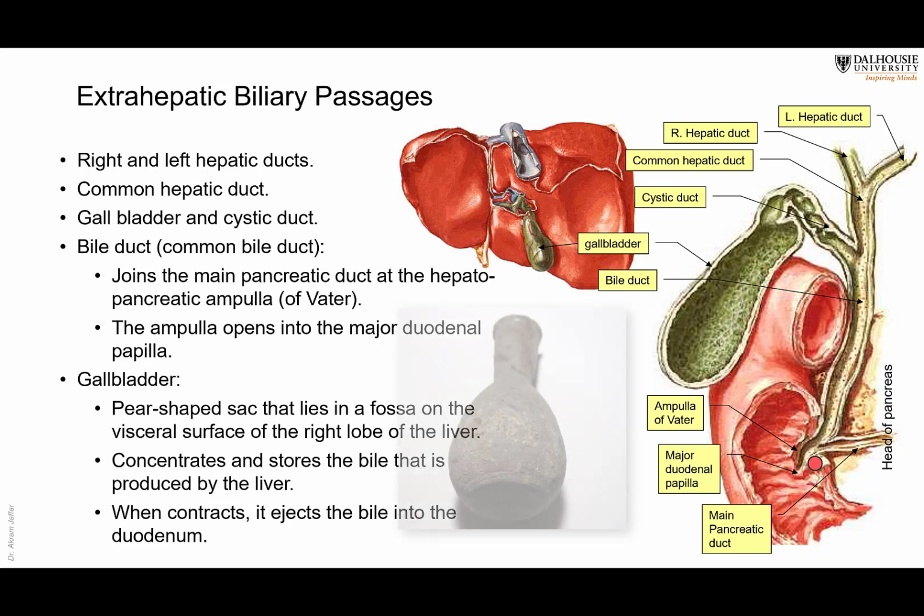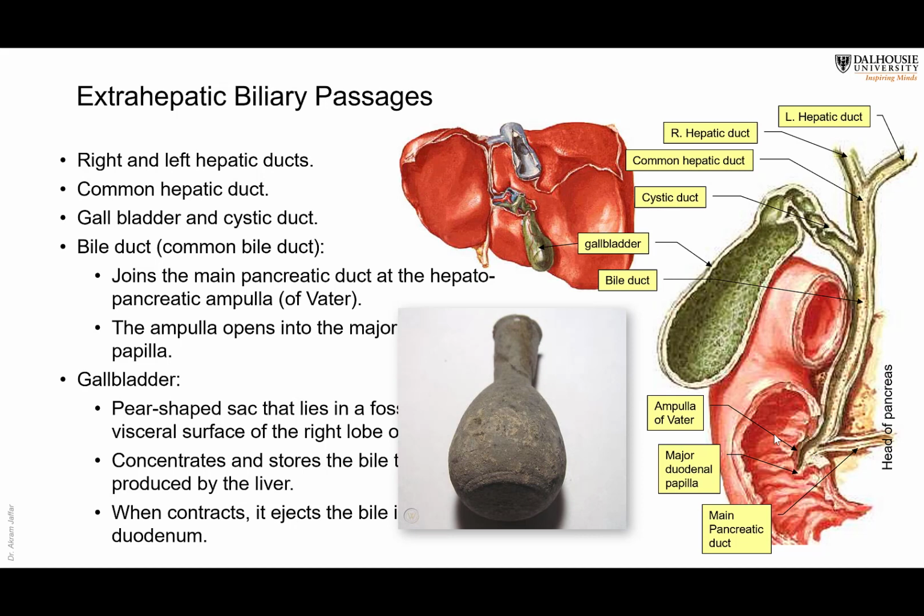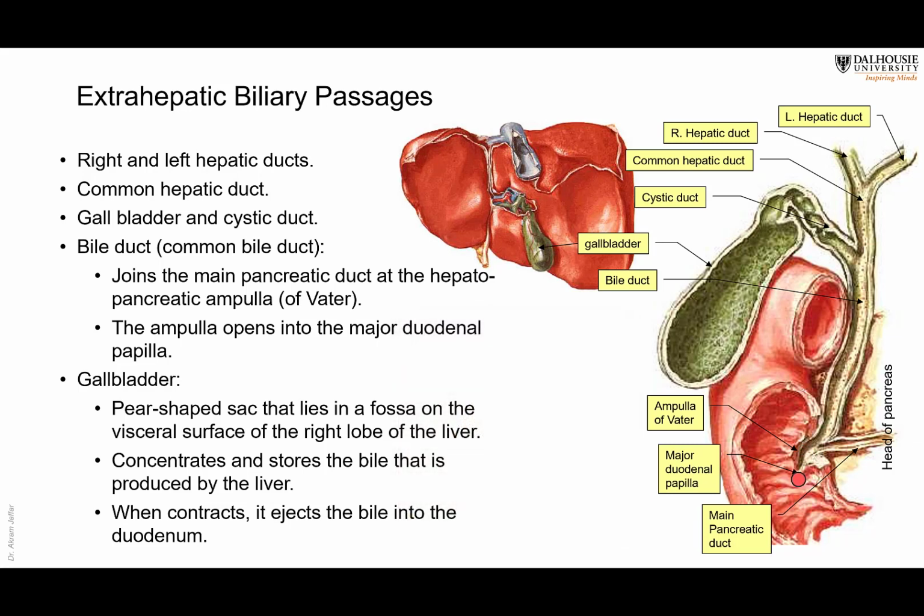And this distension is called the ampulla. The ampulla is like a jar, a Roman jar. So it's a distended part, called the ampulla of Vater, and opens at the major duodenal papilla in the second part of the duodenum, which is guarded by the sphincter of Oddi, a thickening of circular muscle fibers.